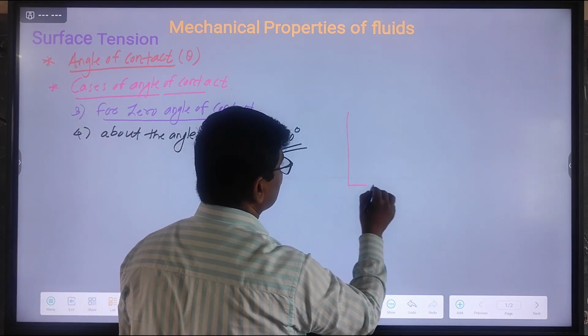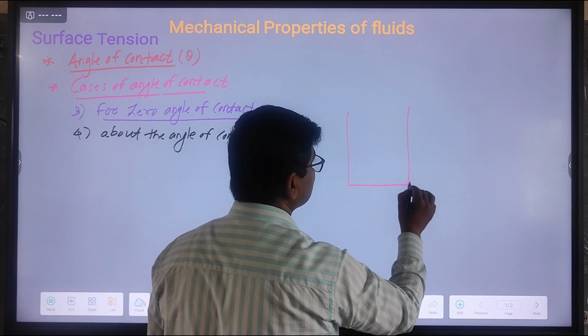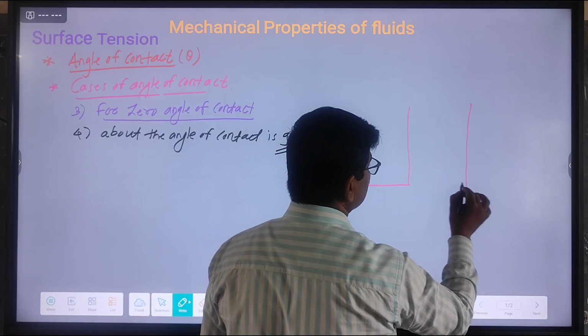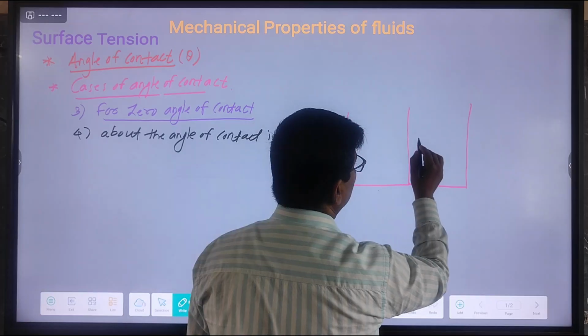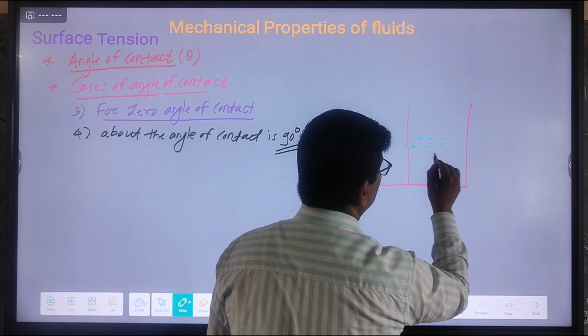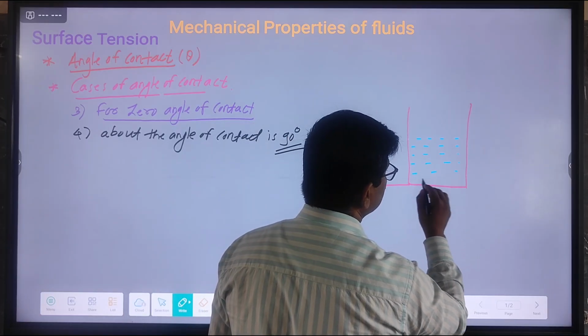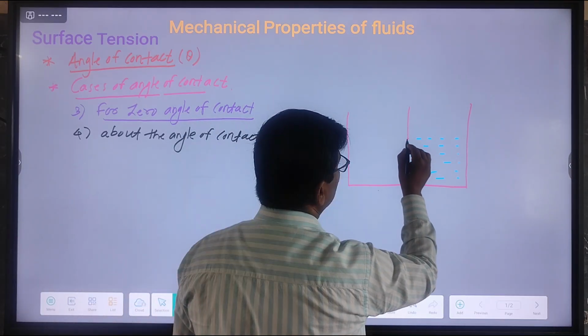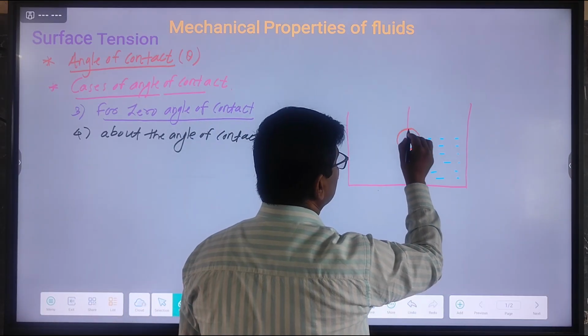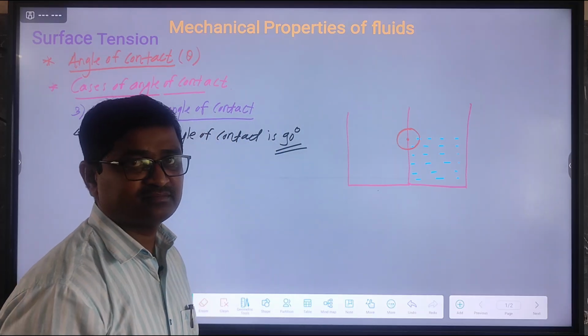Imagine that this is solid and this is liquid, both are in contact together. This is the liquid. Now this is the point of contact between the solid and liquid.